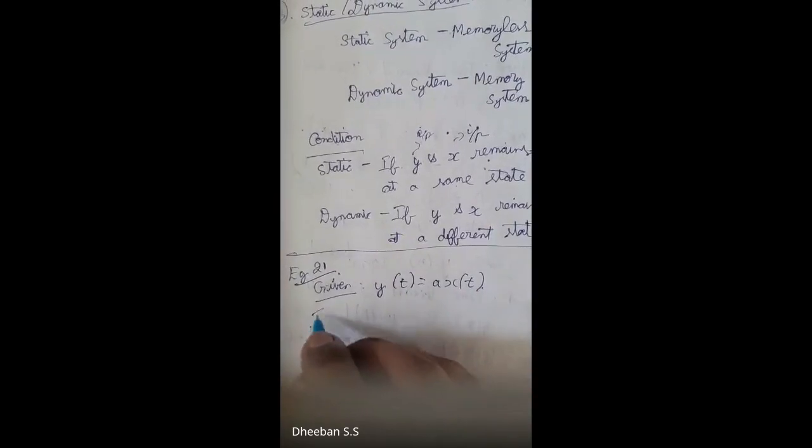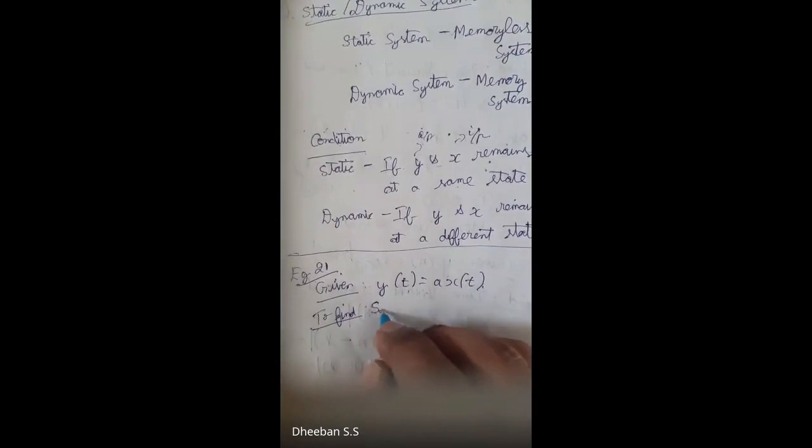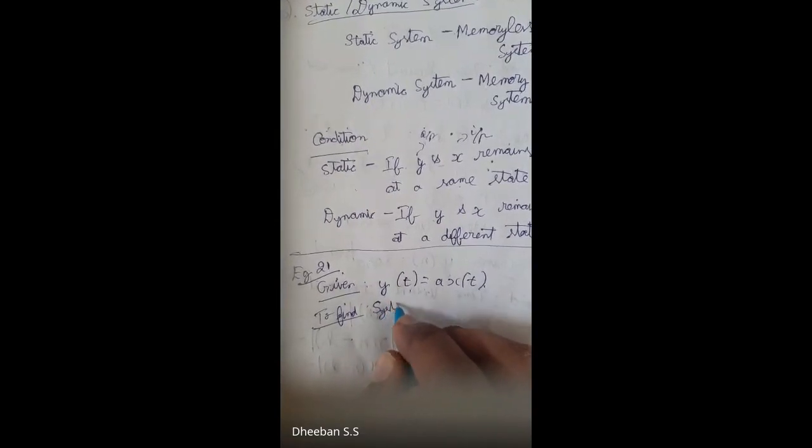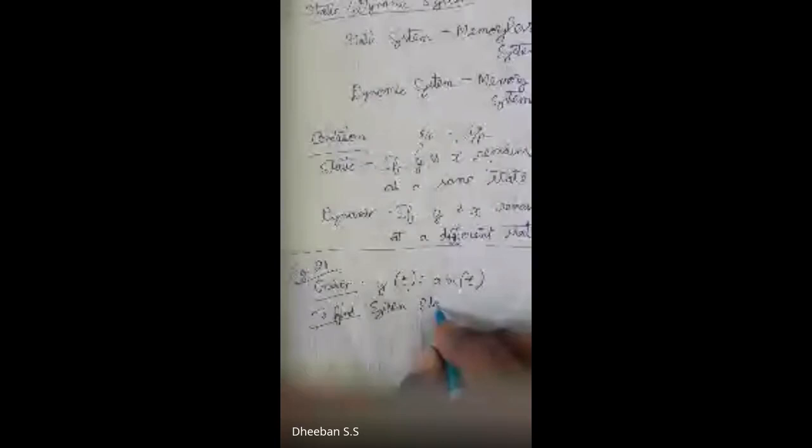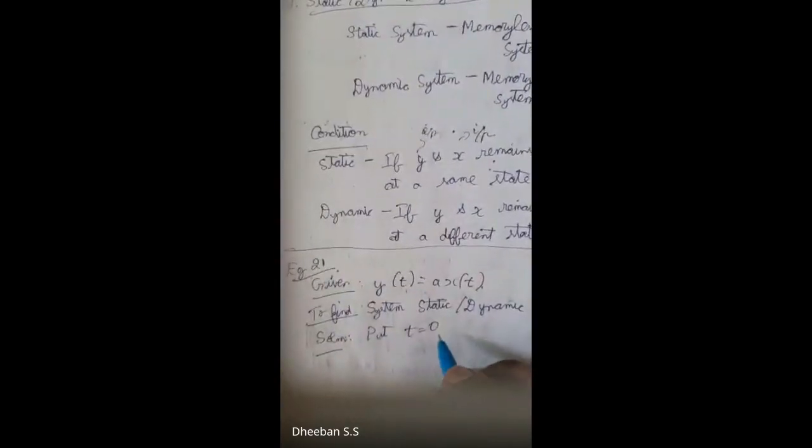We have to find whether the system is static or dynamic. The solution: put t equal to 0, then y of 0 will be a into x of 0.